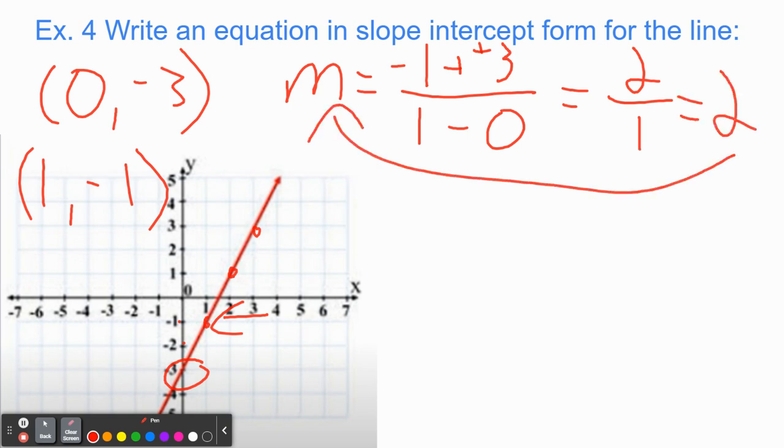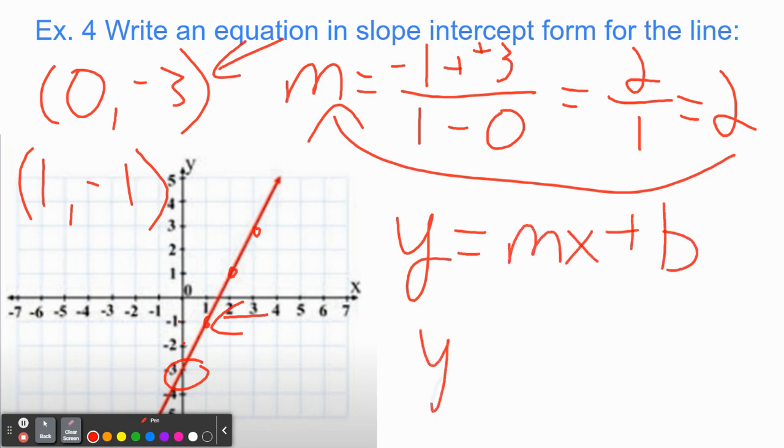If I have m and if I have my y-intercept, remember my y-intercept, whenever x equals 0, what is my y point? I can go straight into slope-intercept form, which would be y equals 2x minus 3.